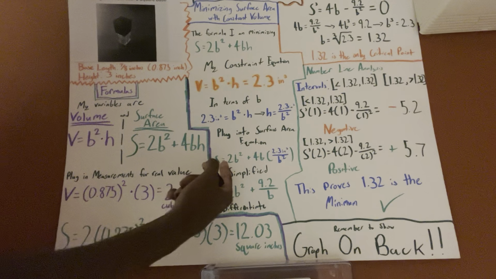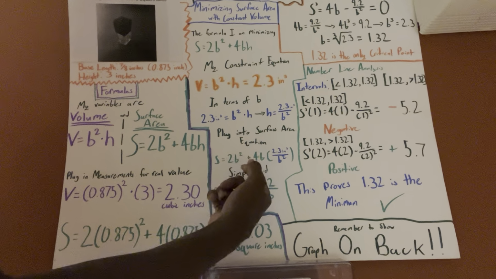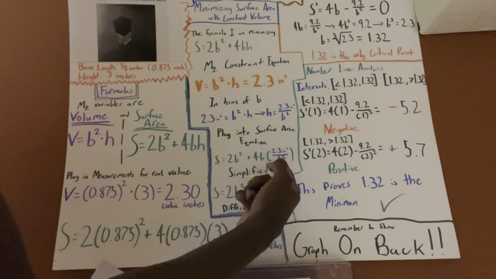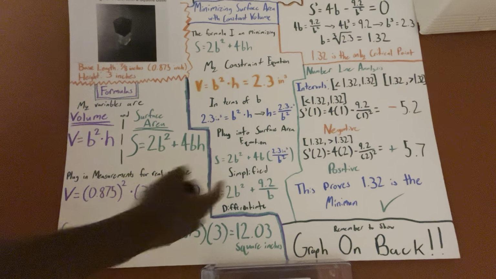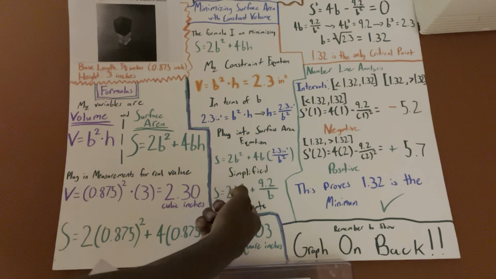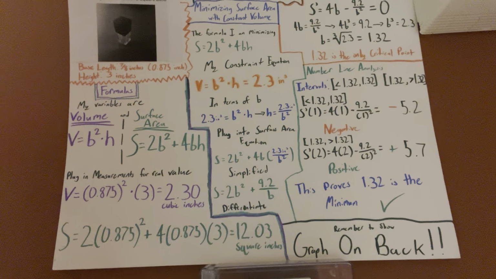So surface area is 2 base length squared plus 4 times base length times 2.3 cubic inches over base length squared. And to simplify it, surface area equals 2 times base length squared plus 9.2 over base length.